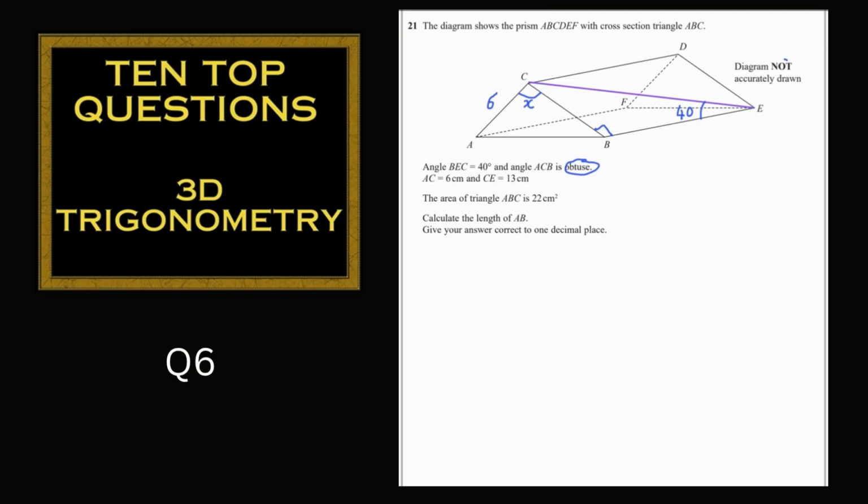Just because it looks like it doesn't mean it is. What else goes on? C to E is 13. On it goes. And the area of ABC is 22 centimetres squared, which obviously is going to come into play at some point.